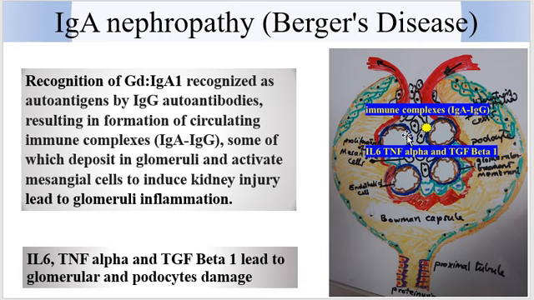So activated and proliferated mesangial cells will produce interleukin 6, tumor necrosis factor alpha, and TGF beta, and this will lead to inflammation.